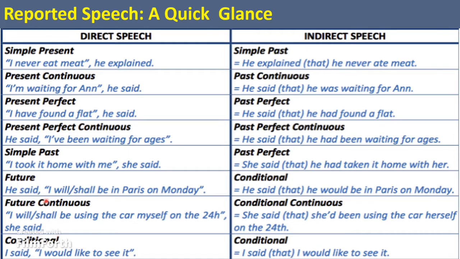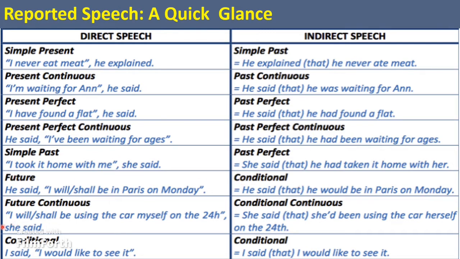Future. He said, "I will or shall be in Paris on Monday." Now will becomes would, shall becomes should or would depending on the statement. Here you will say he said that he would be in Paris on Monday. So future tense becomes conditional.